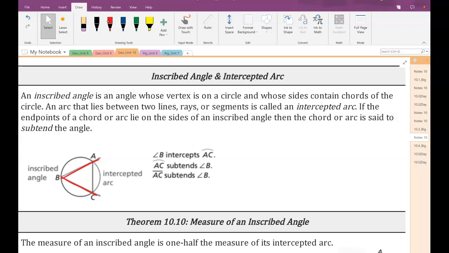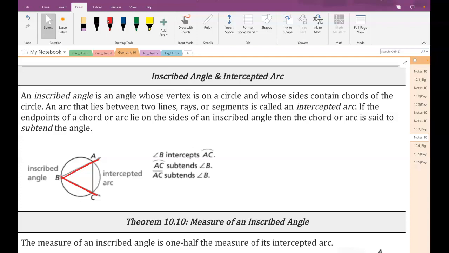So you would say arc AC subtends angle B, and chord AC also subtends angle B. So subtends is just a way to talk about the relationship between an inscribed angle and whatever arc or chord is made from it.